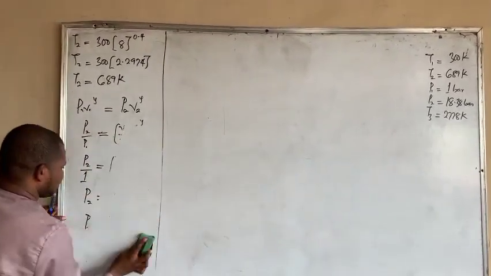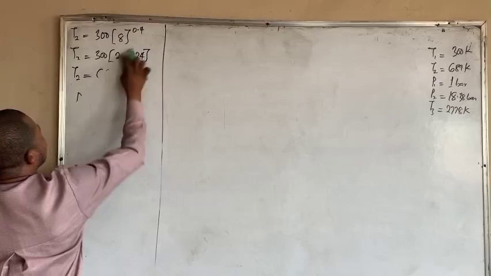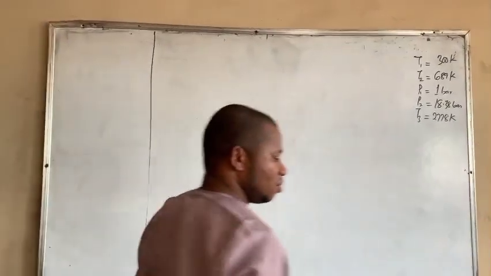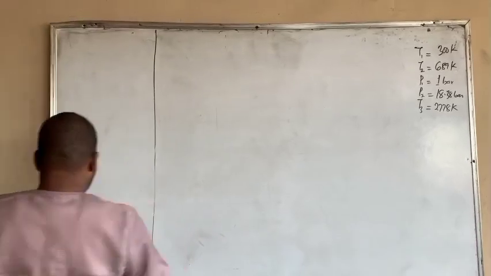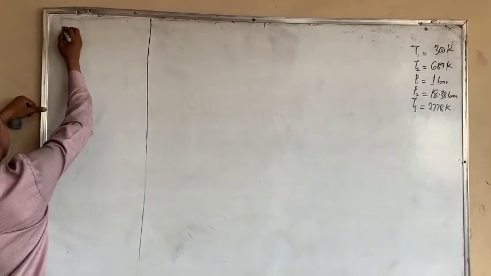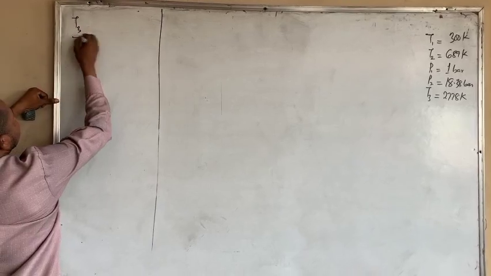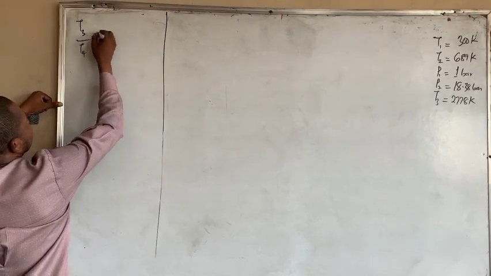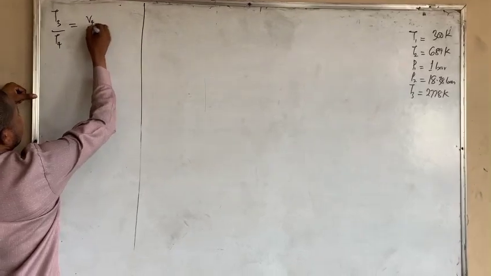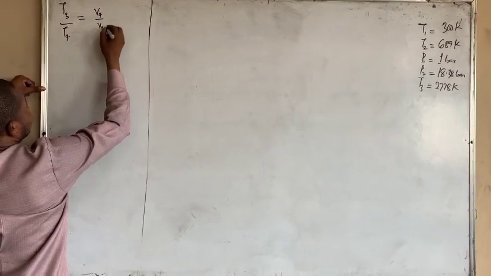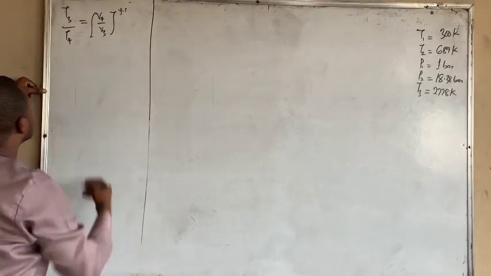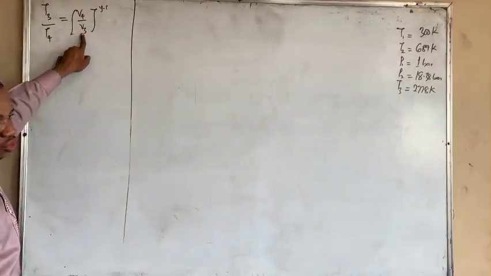Now after getting this, we're going to look for our T4. We've gotten T3; we're going to look for T4. Mind you, T3 over T4 is equal to V4 over V3, all raised to power gamma minus 1. Mind you, this is still the compression ratio.